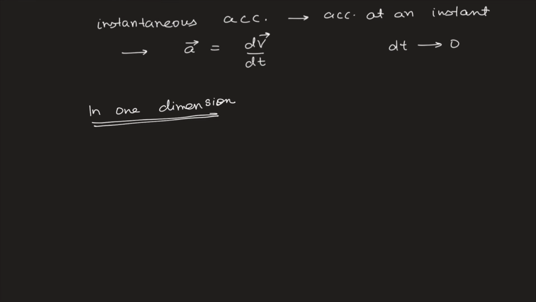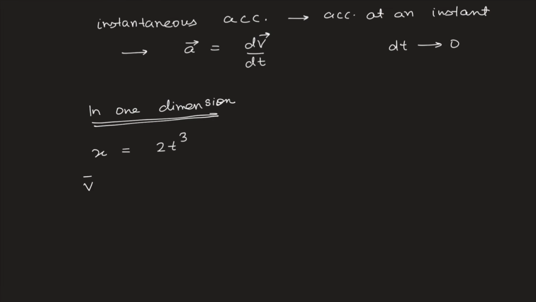So let's see the velocity of a particle, or let's not start from the velocity. The position of a particle is given as 2t cube, let's say. Now first, if you want to find out the instantaneous acceleration, the first thing to do is find the instantaneous velocity.